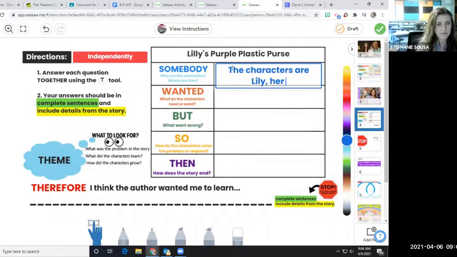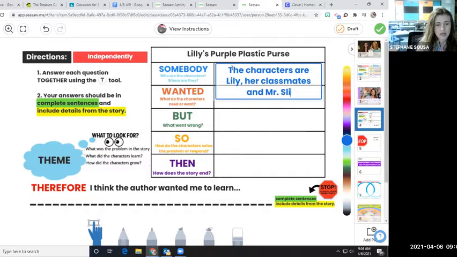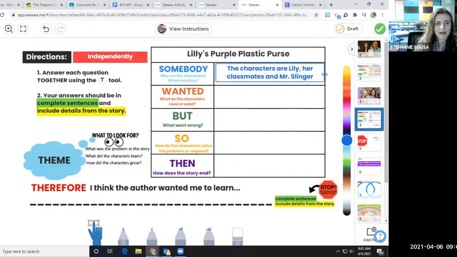Characters are Lily, her classmates, and her teacher. Do you remember her teacher's name? Mr. Slinger. Yep, Mr. Slinger. So the characters are Lily, her classmates, and Mr. Slinger. Okay. Thank you, Aiden G.